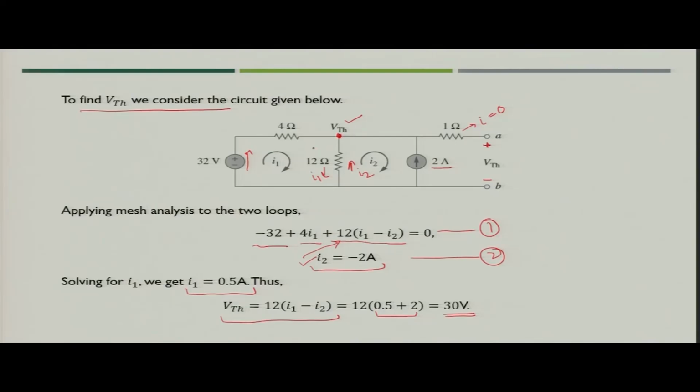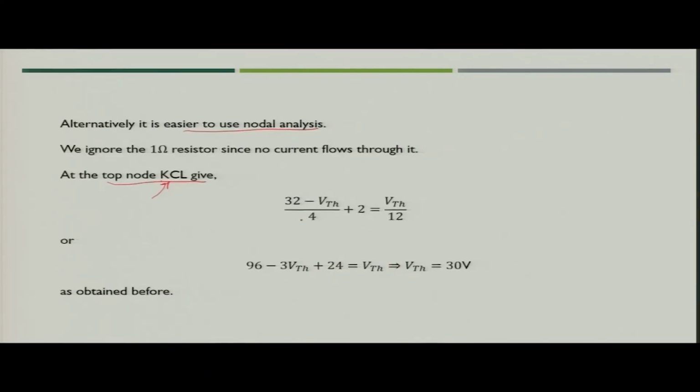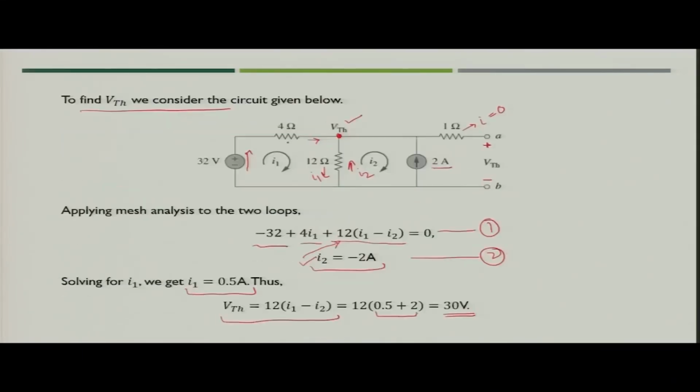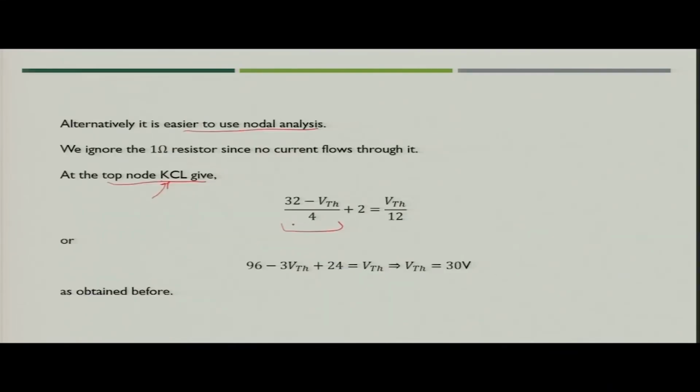You will simply see what are the various currents flowing into the node and equate it equal to 0, because total sum of current at that particular node would be 0. So, what would be the current coming inside from left? That would be (32 minus VTH) divided by 4 ohm. So, you have got the first term of the equation.